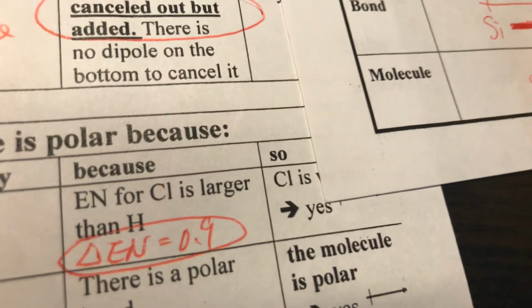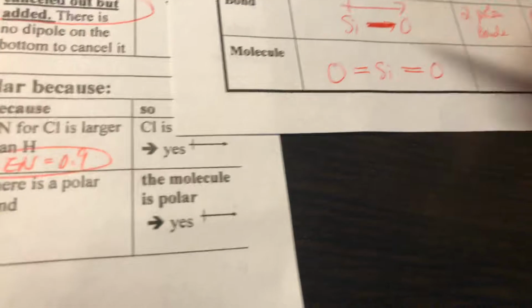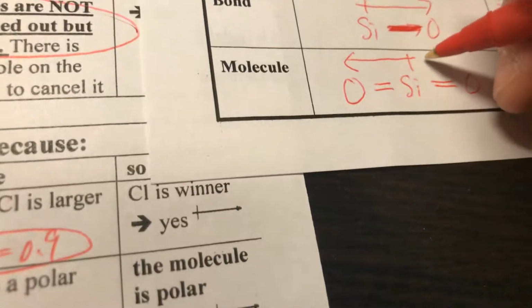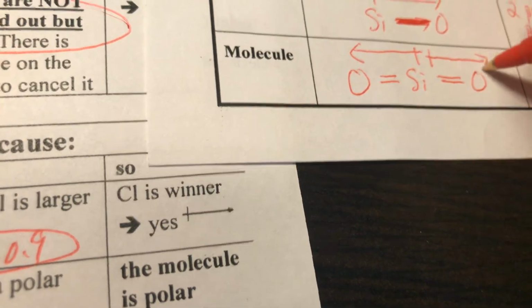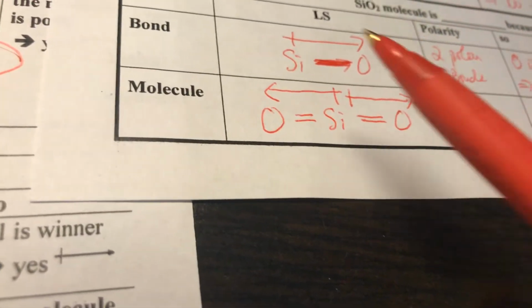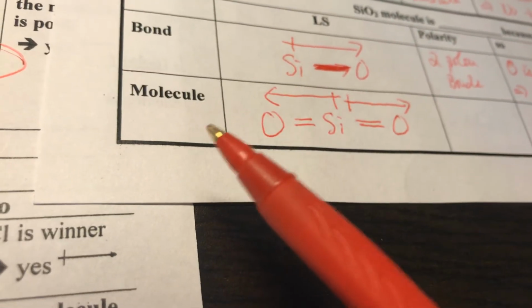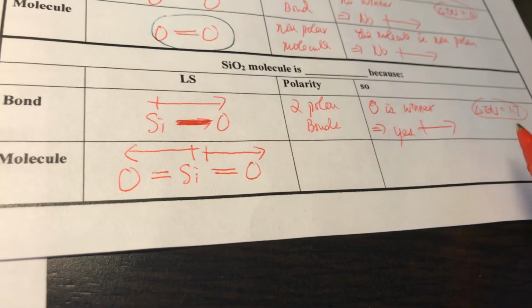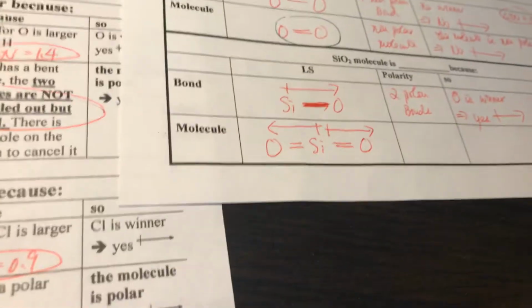Now, when you talk about the whole molecule, we find out the molecule looks like this. Okay, so we go ahead and copy this symbol. We go from Si to O this way. We also go from Si this way. Now you can see that it's a linear structure. So the dipoles are the same, Si to O, delta EN is the same. They have the same delta EN, 1.7 and 1.7, and they're linear shape.